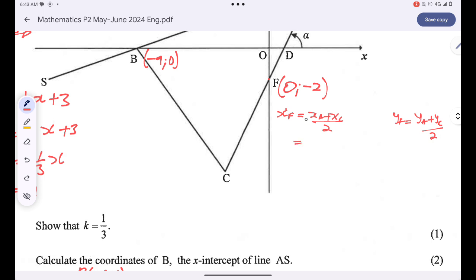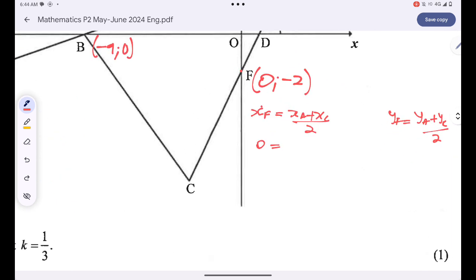Okay, let's deal with x first. x at point F is 0. The x value at point A is 3. We are looking for the x value at C. Just multiply both sides by 2. We'll simply get 0 is equal to 3 plus the x at C. Therefore, the x value at C is negative 3.